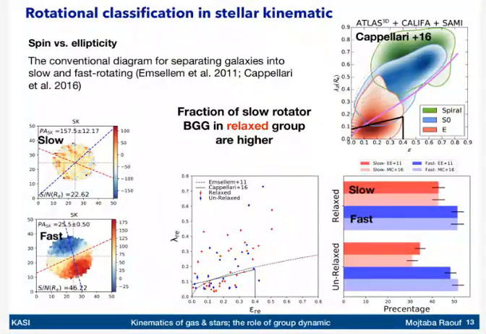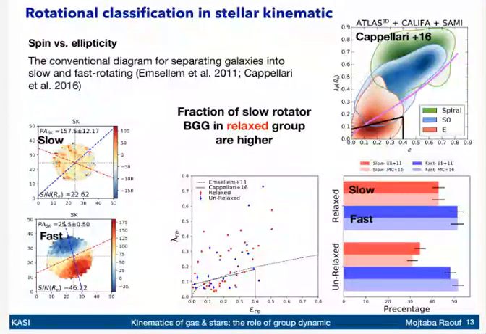Then we try to understand the spin ellipticity relations, where the spin is used as a proxy for the angular momentum of galaxies. Here you can see the map of popularity in 2016 for the different categories of galaxies: these spiral, S0 galaxies, and elliptical galaxies regions. We just focus on the early type systems.